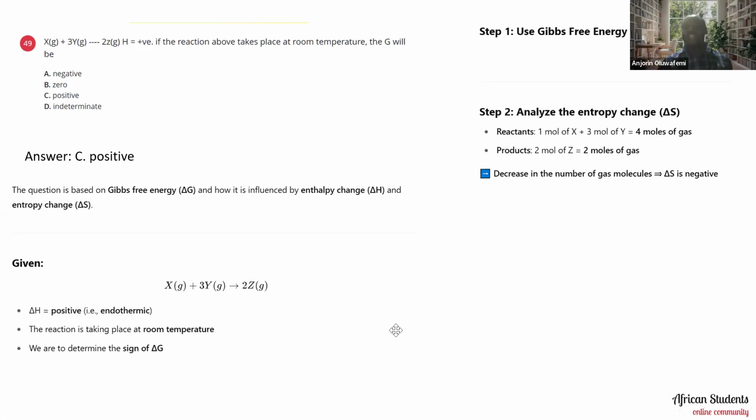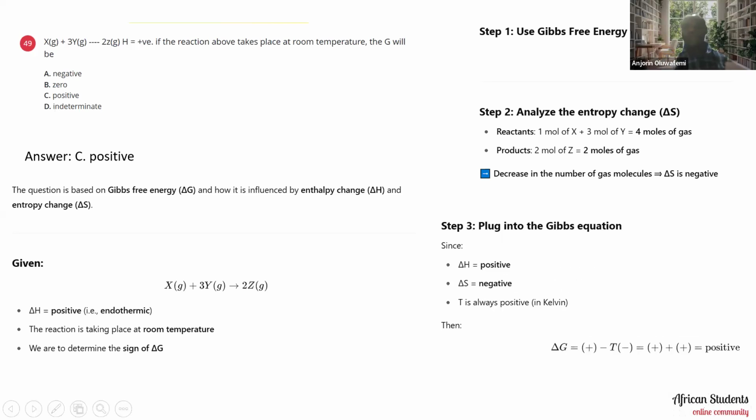So analyze the entropy change. In the reactants, 1 mole of X plus 3 moles of Y, which equals 4 moles on the reactant side. And the product, you have 2 moles of Z, which is equal to 2 moles of gas. So a decrease in the number of gas molecules is synonymous with delta S that is negative.